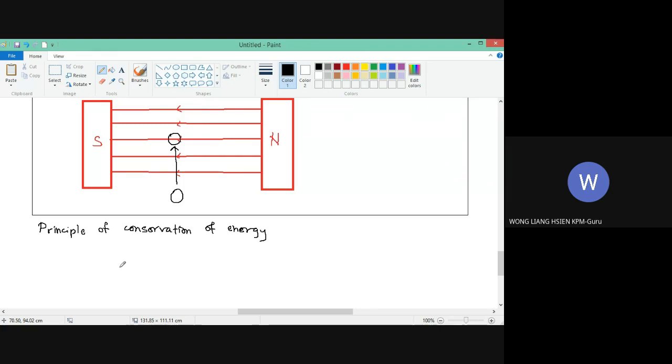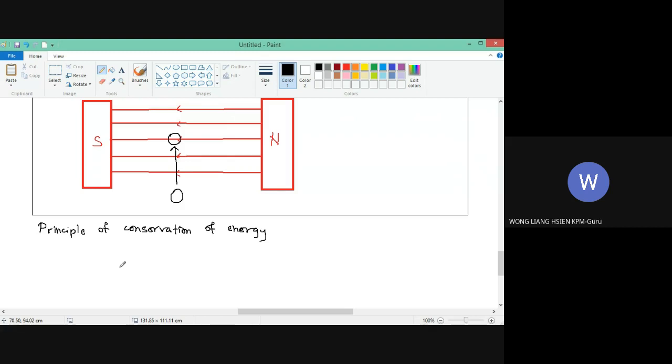So you can see that the generator converts kinetic energy. When you rotate the generator, you supply kinetic energy to the generator, and then the generator converts that kinetic energy into electrical energy. Very simple.